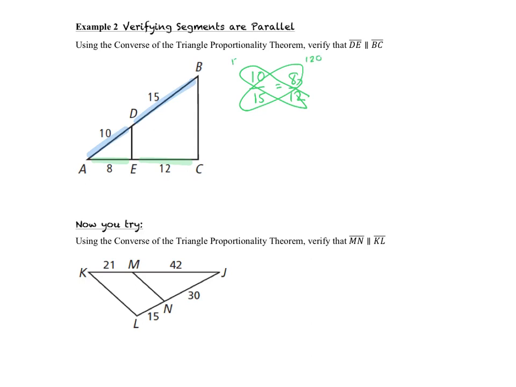Both cross products equal 120. Since these are equal to each other, then we can say that the lines are parallel. DE is parallel to BC by the converse of the triangle proportionality theorem.